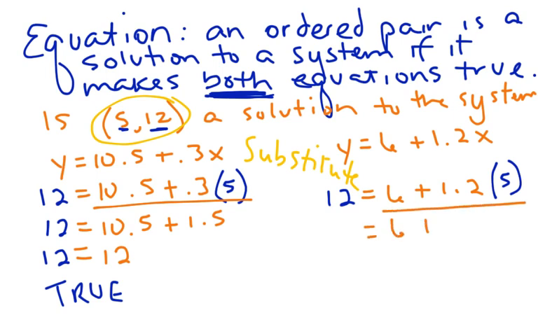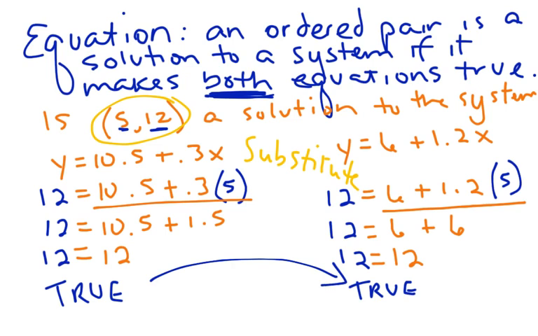So we have 6 plus 1.2 times 5 gives us a whole number 6, and 6 plus 6 is 12. Well, when we look over here on the left side, 12 is what we have on that side of the equation, and 12 equals 12 is a true statement. Since both are true, (5, 12) is a solution.